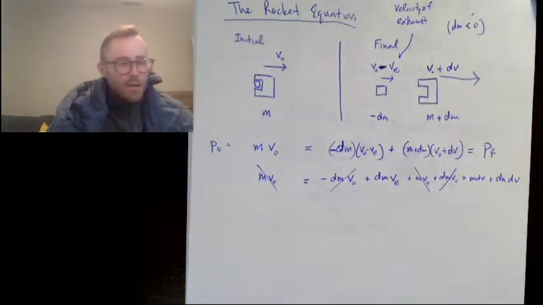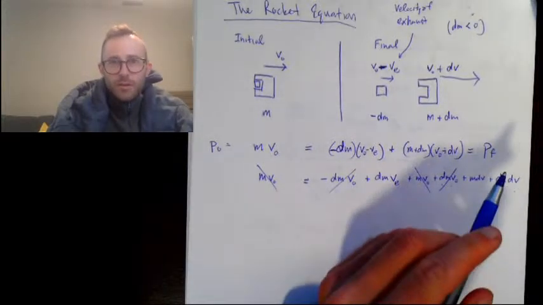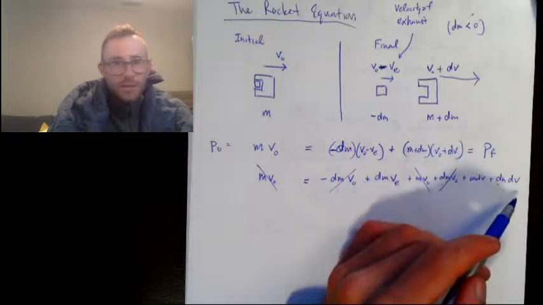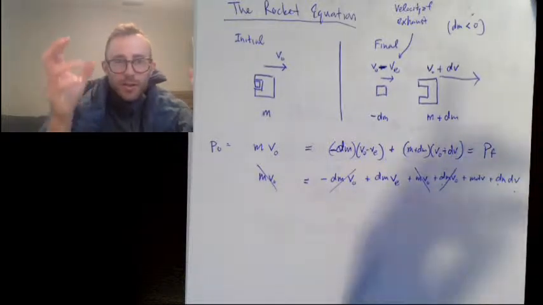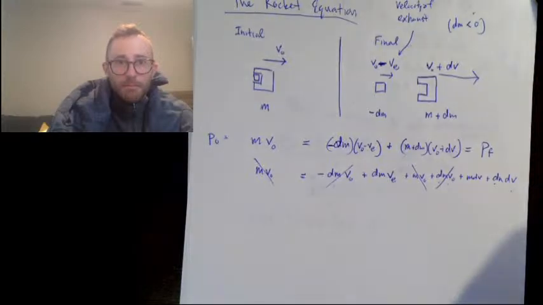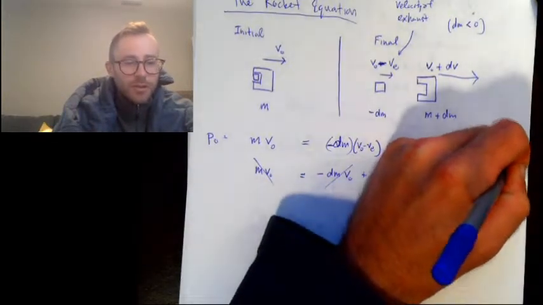Now, dm times dv. Well, dv is a small number and dm is a small number. If we take a small number times a small number, it's going to be a really small number. So this term is approximately 0. We're going to neglect it.